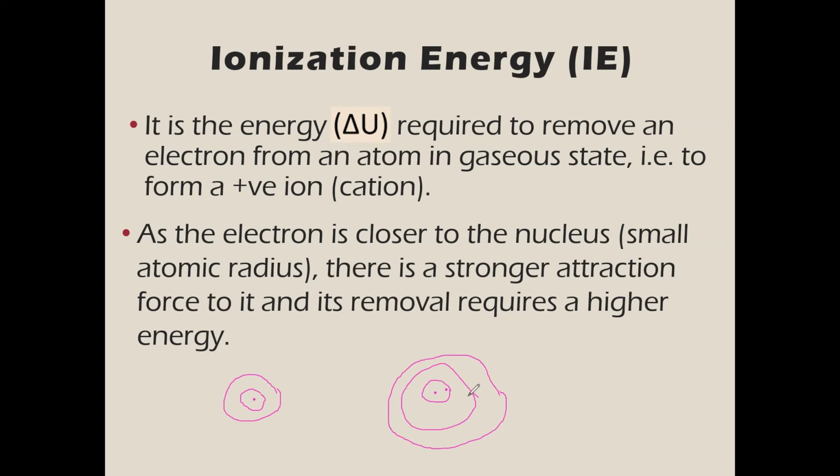This atom has a larger radius, and this one has a smaller radius. If we look at the outer shell, it is closer to the nucleus in the smaller atom, which means more attraction, which means that the electrons are tied more to the nucleus.